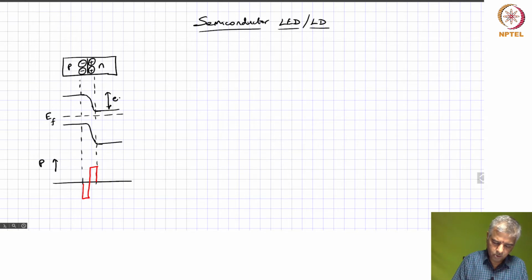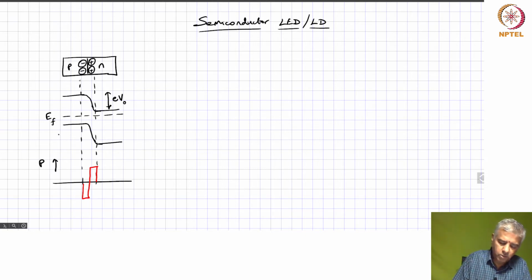That corresponds to E times, let's say, V naught. That is the barrier. So that barrier essentially stops further transport, the exchange of these carriers, electrons from the N side going into the P side, or holes from the P side going into the N side.